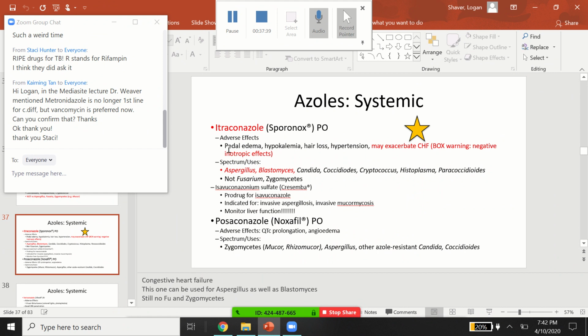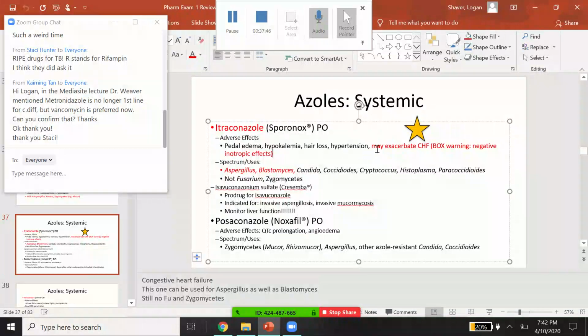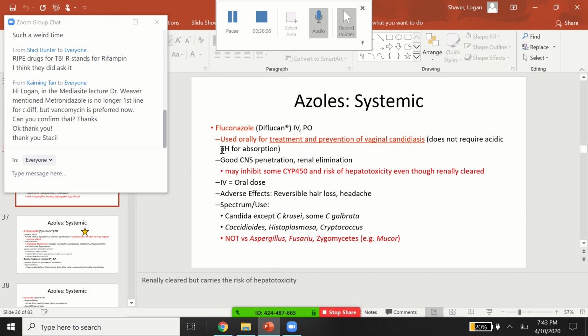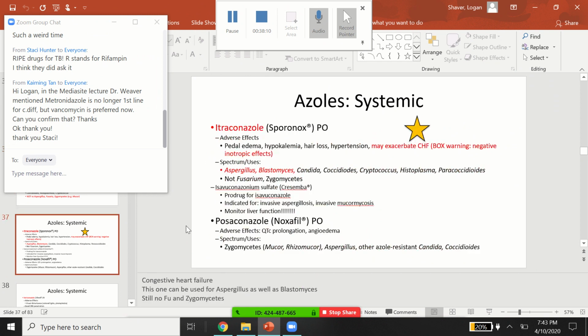Itraconazole. I put a star here for that one because it seems important to know that it could be exacerbated with CHF. There's also a box warning, and that's because of the negative inotropic effect. Also important, which she hasn't read for you, is that it can treat aspergillus and blastomycosis. And notice on this last one, fluconazole does not treat aspergillus.